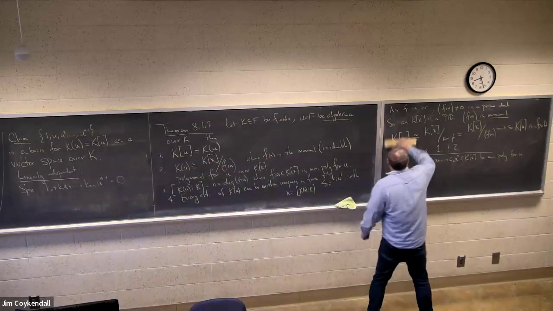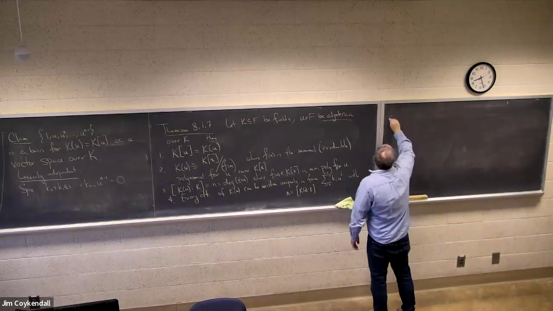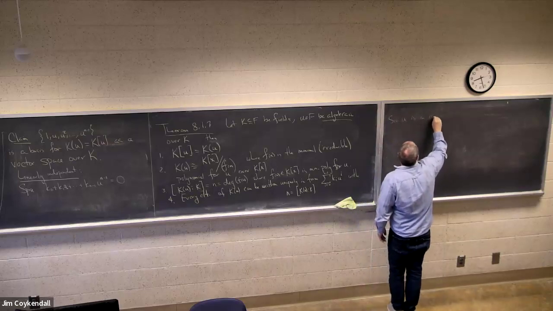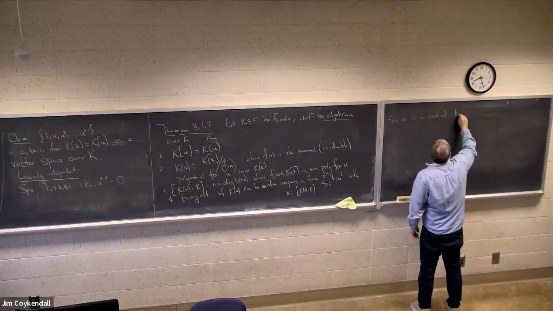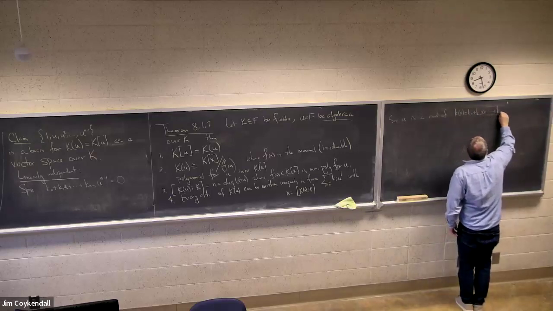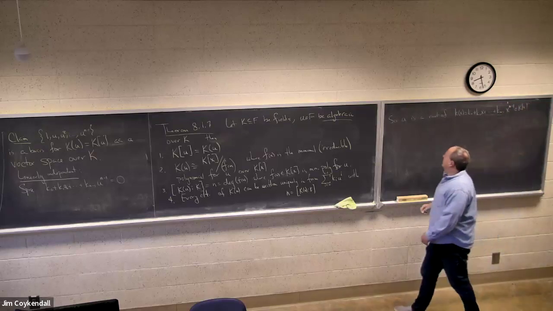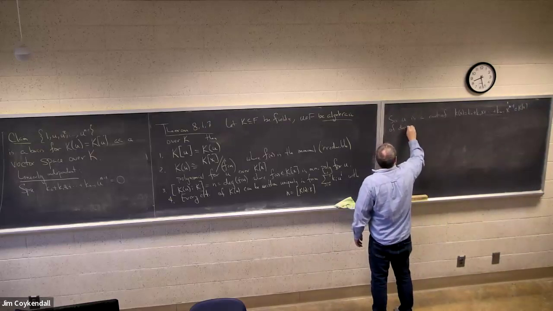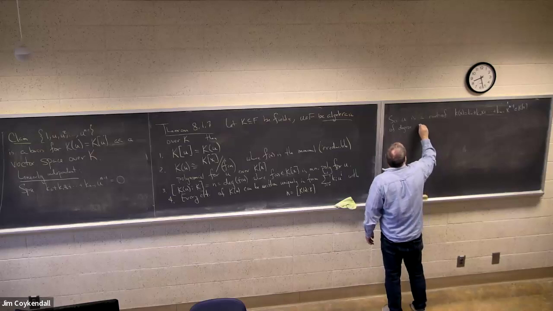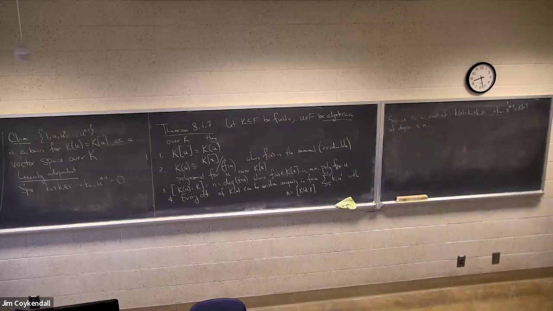This means u is a root of the polynomial k0 plus k1 x and so on, but our minimal polynomial f of x was of degree n, right?